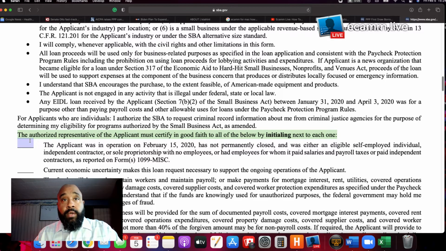If you weren't, you're in trouble. Now, if you fill your form through me and my business partner, Biz2Credit, I'm going to certify this. I'm going to go over questions with you to make sure that this happens, because if it doesn't, it'll help me to submit your form. You're not going to get the loan, right?